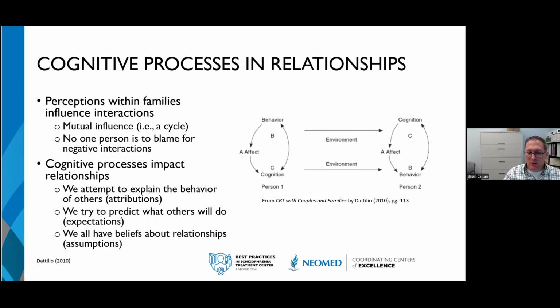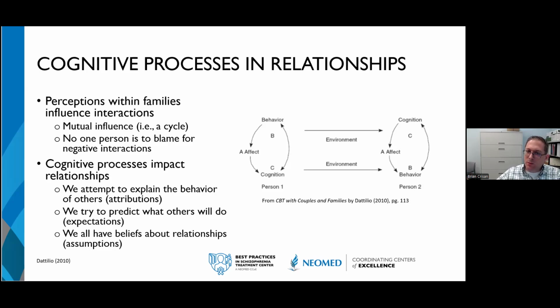And the thing to know here is that we talk a lot in CBTp about thoughts, right? And how thoughts and beliefs shape our behavior. Well, the same things apply within families, right? When you're interacting with a family member, you have a perception about what that person is doing and why they're doing it.